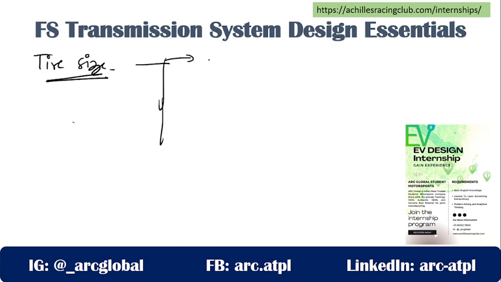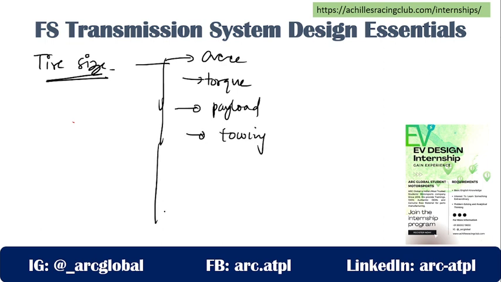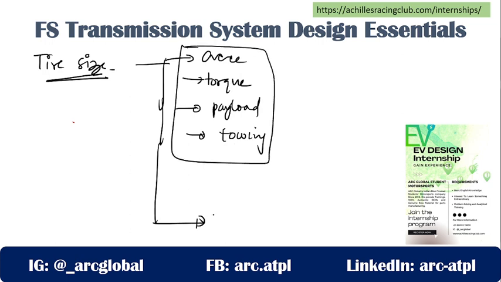The first set of parameters depends on acceleration, torque, payload capacity, and towing capacity. And the second thing here is the velocity.